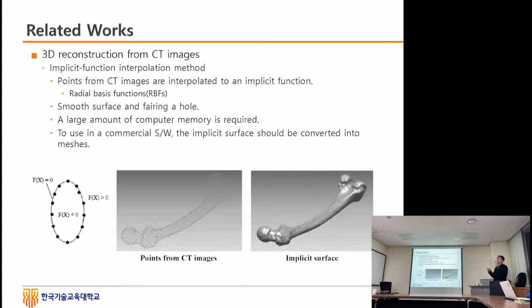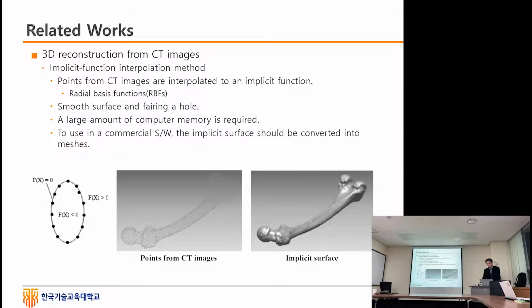After that, if we interpolate some kind of implicit function using these points, we can make an implicit function representing the whole CT image. And then from the implicit function, if we extract the zero value points, we can make the boundary curve.